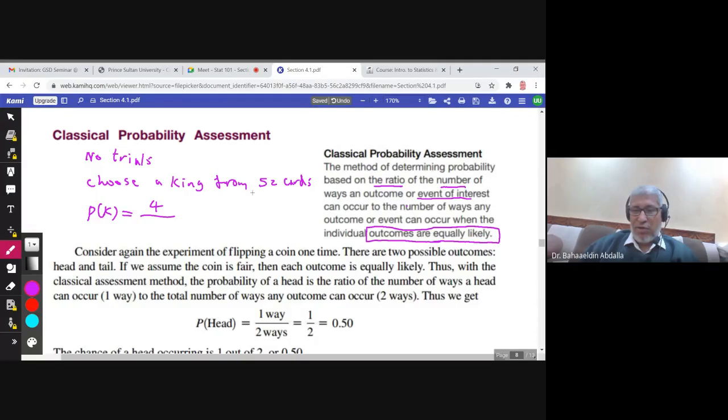We divide that by the number of ways any outcome can occur, so all outcomes, all cards. Each outcome here is a card because you pick one card. How many cards are there? We have 52 cards. So this is the probability of drawing a king from 52 cards using classical probability.